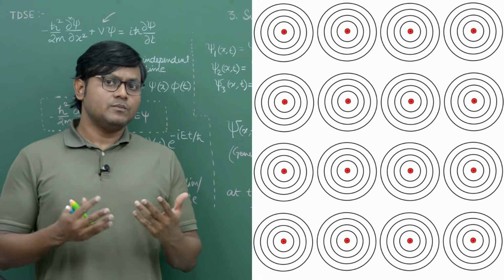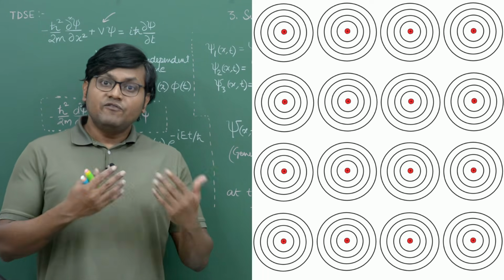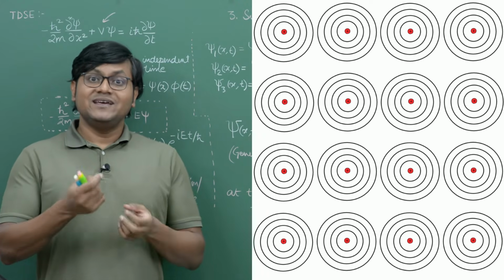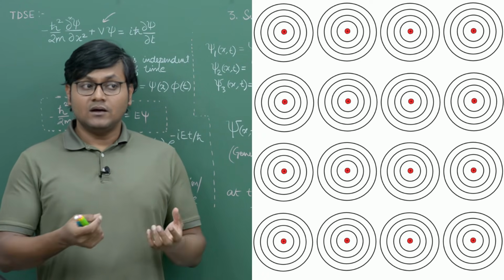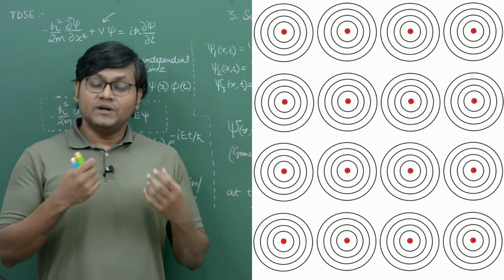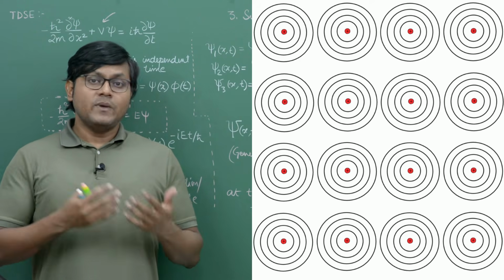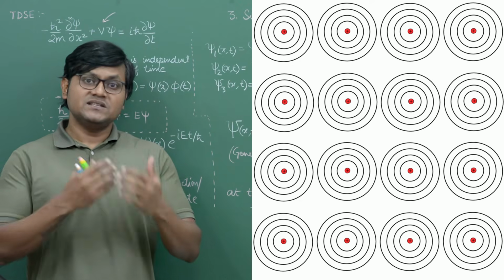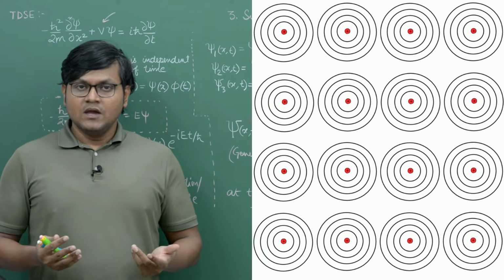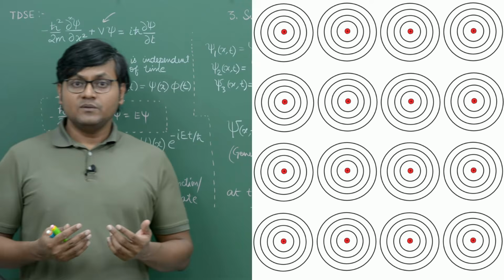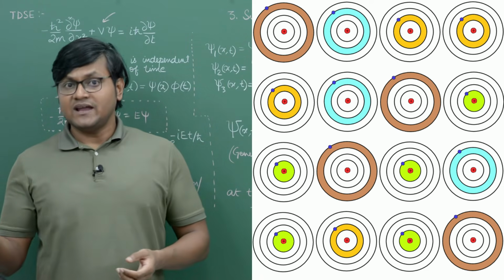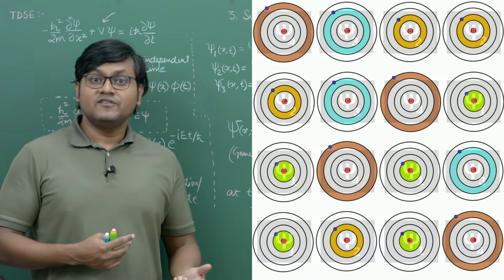Similarly, if I have a large number of hydrogen atoms, then before making a measurement, I don't really know whether in each of these hydrogen atoms the electron is at a particular probability density at a particular energy level or not. Before measurement, I don't really know anything. Before measurement, all the hydrogen atoms exist in a superposition of states. But the moment I make a measurement on each of them, every single hydrogen atom reveals to us that one atom is in a certain state, another atom is in a different state, another atom is in a different state.